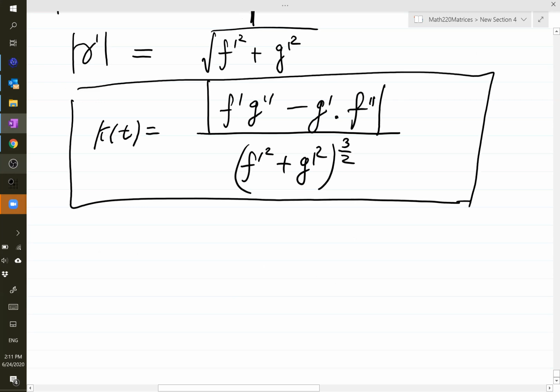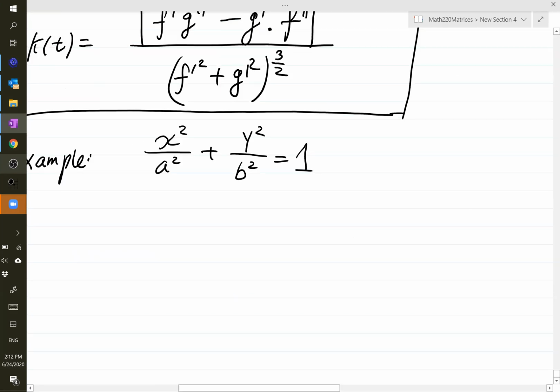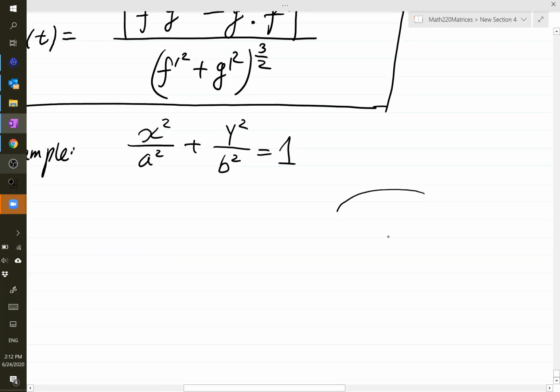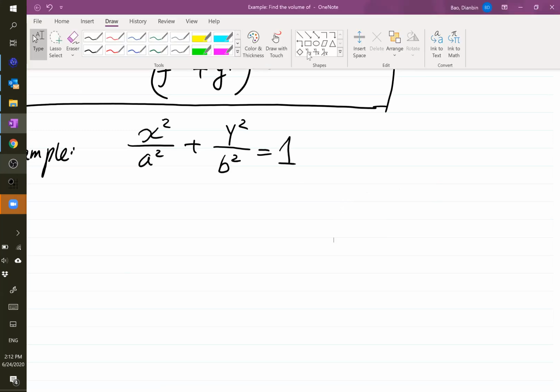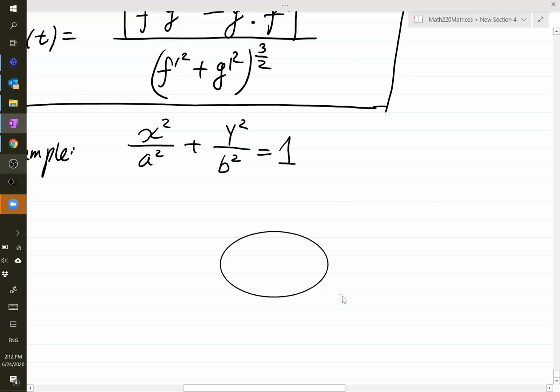Now, for instance, an example: the curvature of an ellipse. x squared over a squared plus y squared over b squared equals 1.